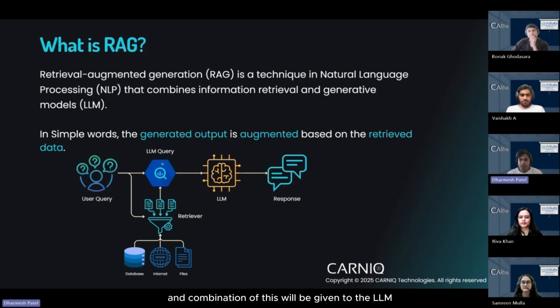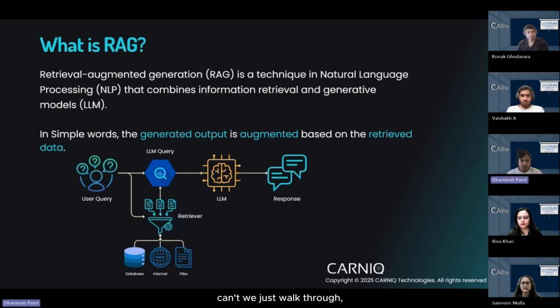A combination of this will be given to the LLM, and the LLM will provide you the response based on the input taken here. So in general, RAG will have three parts. The most important part is the retrieval, where it is accessing your private information.